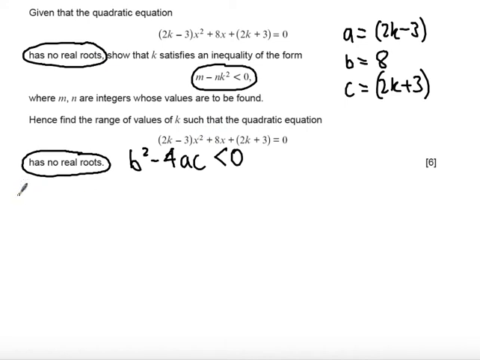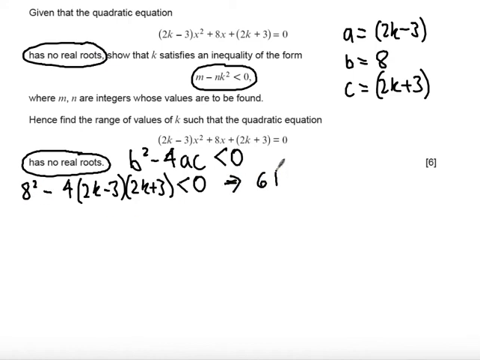So substituting in, I get 8² - 4 times a, which is (2k - 3), times c, which is (2k + 3), all less than 0. Working through this, 8² is 64.